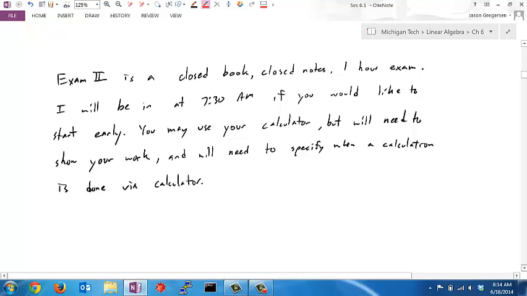But otherwise, say you're going through and finding an eigenvalue, you get a polynomial, you want to use your calculator to find the roots. You're perfectly welcome to do that. But just say on the exam, found the roots with my calculator. Right? So just write that down. You won't get penalized, so you don't have to worry about it. But just let me know the steps that you're actually going through. Any questions about the exam?